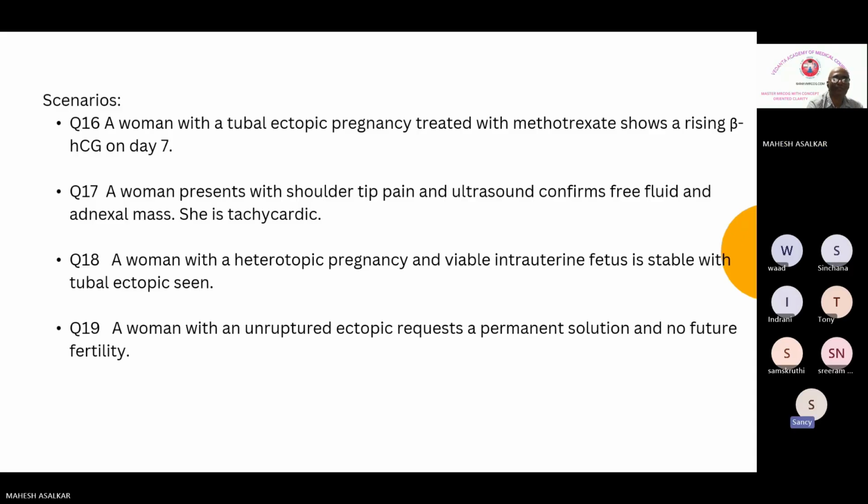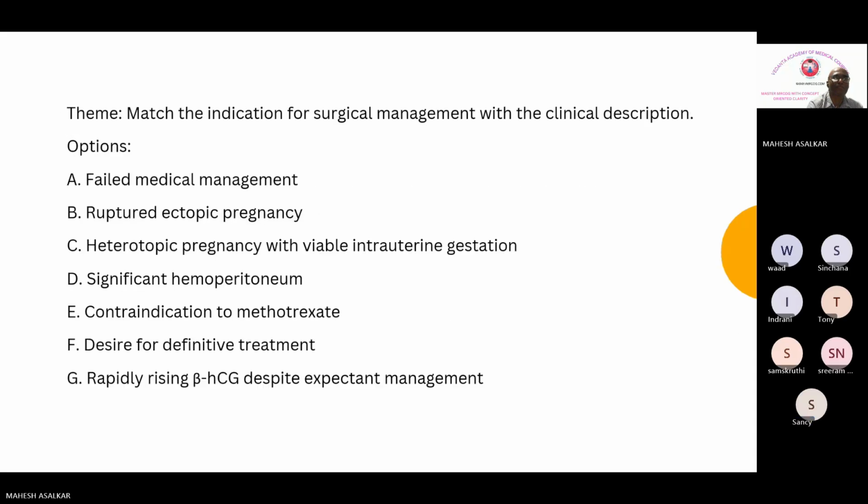A woman presents with shoulder tip pain and ultrasound confirms free fluid and adnexal mass. She is tachycardic. So in this, contraindication to methotrexate? Why?